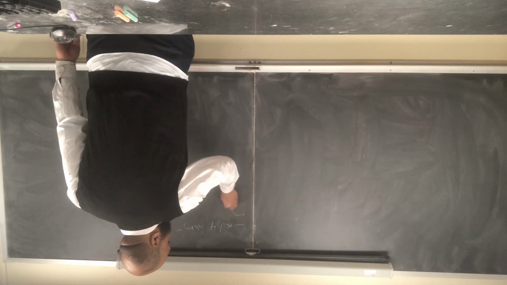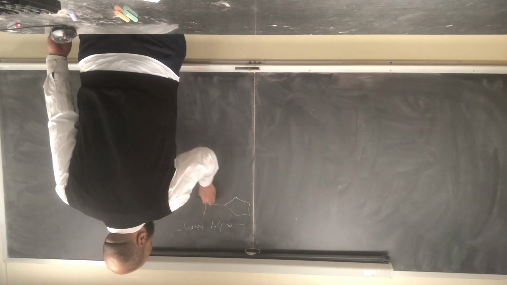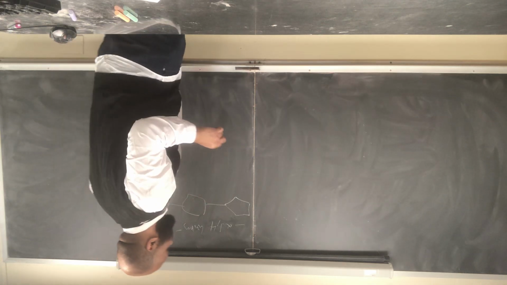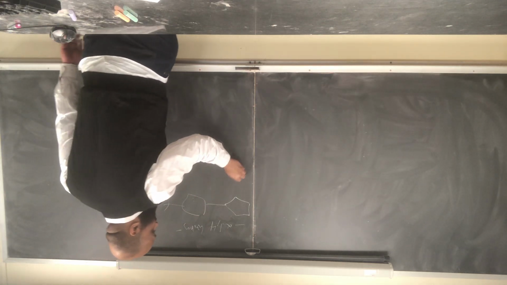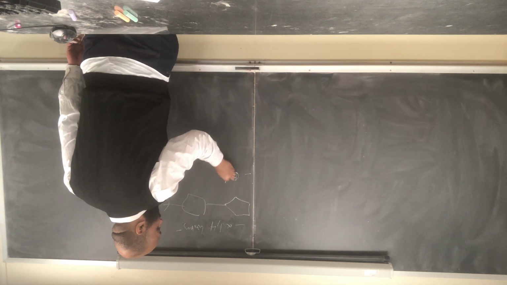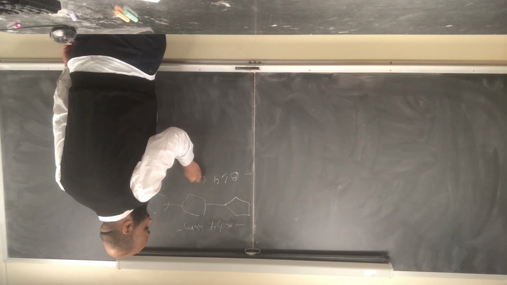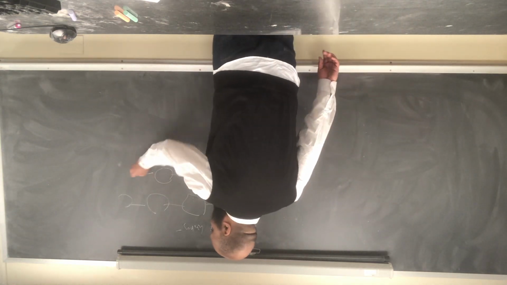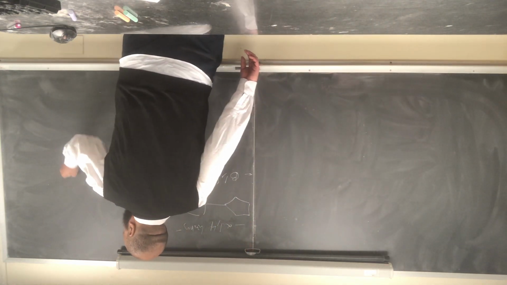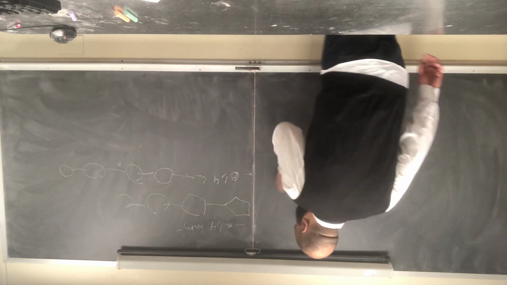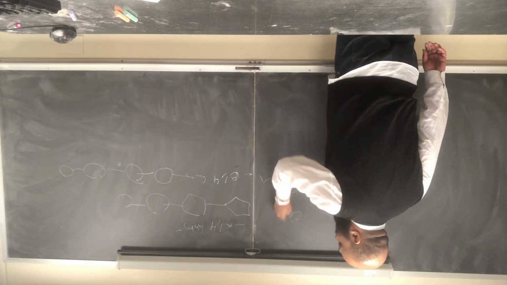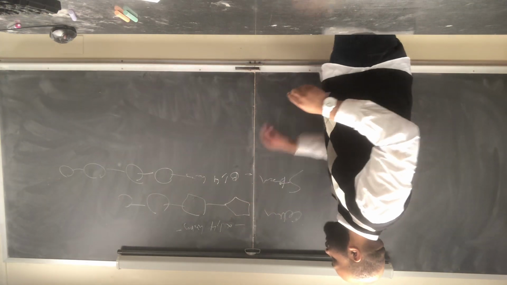Starch has a lot of alpha 1 4 linkage, and cellulose has beta 1 4 linkage.